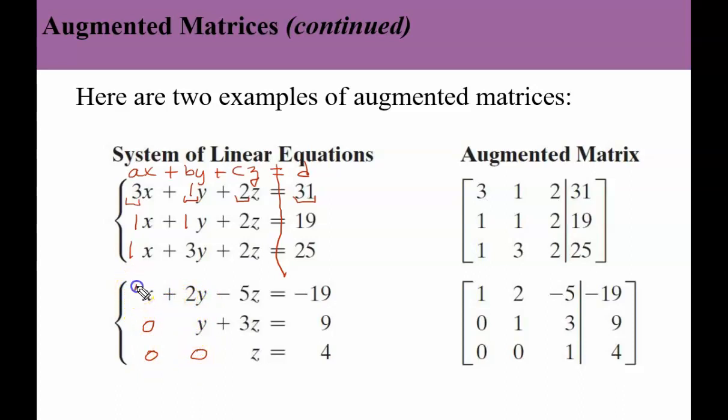So again, this is a 1, 2, negative 5, negative 19. 0, 1, 3, 9. And then here, 0, 0, 1, 4. All right, so this is sort of straightforward, just converting from a linear equation into the augmented matrix.